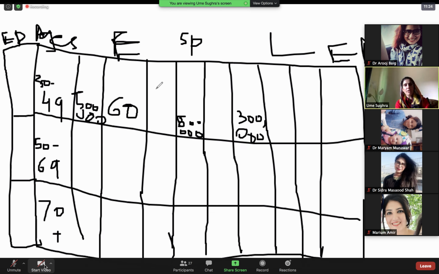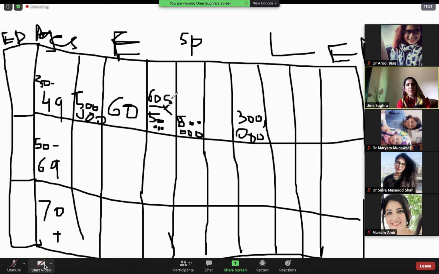So how would we calculate the expected number of deaths for the early period if we had a total population of 800,000? 60 divided by 500,000, multiplied by 800,000, the standard population that we have.